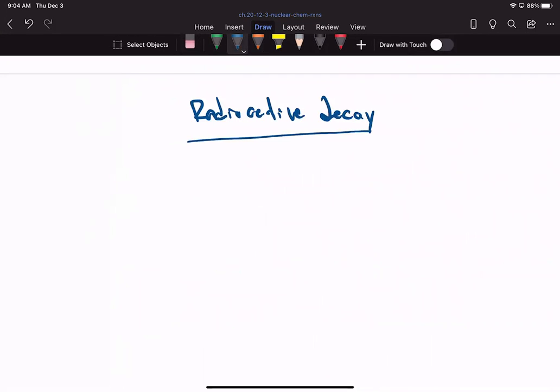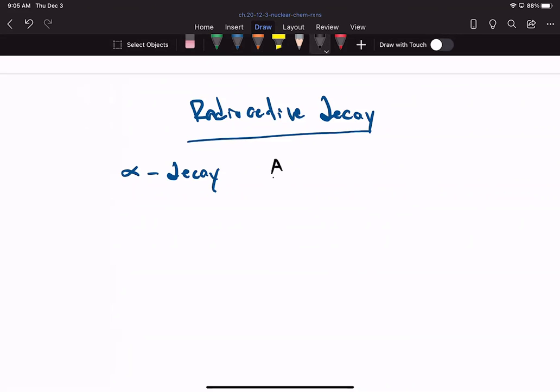We have different types of radioactive decay as well. We've had alpha bombardment, now we're going to have alpha decay, and we have a general formula for alpha decay.